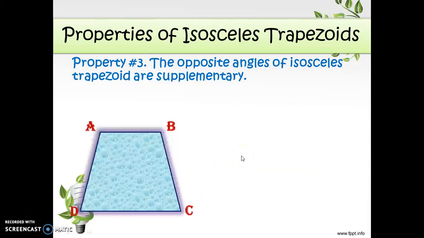Let's move on. The next property states that the opposite angles of an isosceles trapezoid are supplementary. Now, let's recall the concept of supplementary.